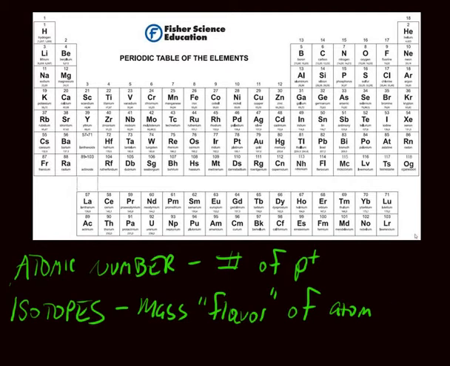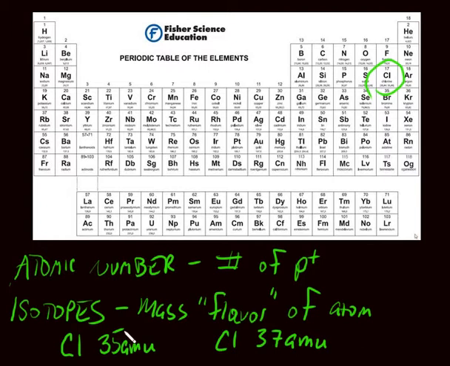So for example, if we have chlorine, chlorine has 2 major isotopes. Chlorine with a mass of 35 AMU and chlorine with a mass of 37 AMU. Well, as we see on the periodic table, chlorine is chlorine because every chlorine has 17 protons.